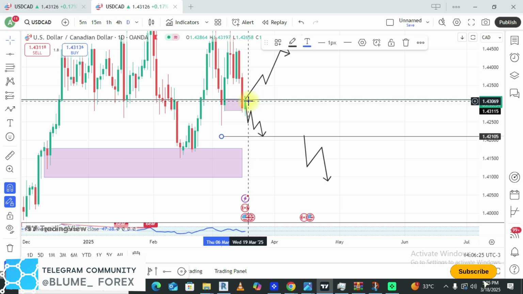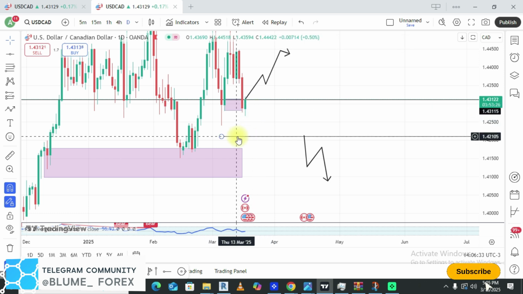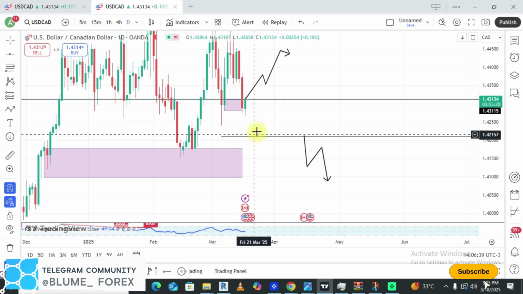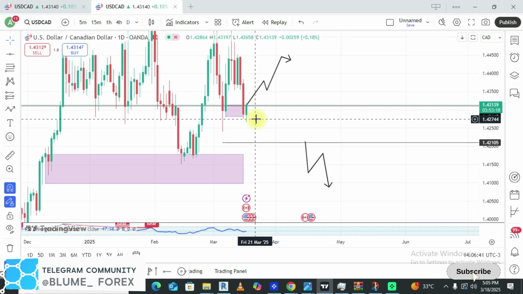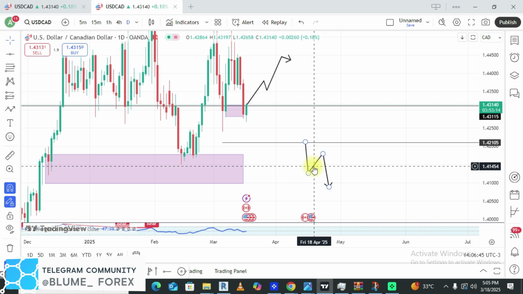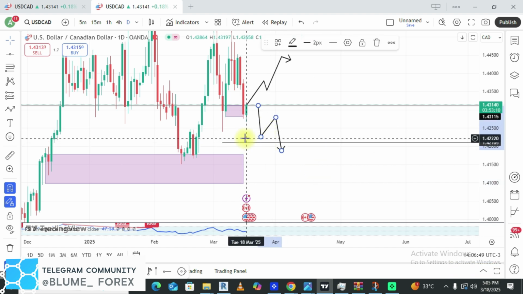From this point we'll be talking about pips and lot sizes to understand this better, but just understand that the stop loss is the area where you are trying to communicate to the market that when you get to this point, my analysis is never going to play out, so I should be closing in losses. From this range to this range, that loss will be calculated in pips, which we'll be doing in the next video, and then it will be deducted from your account balance.